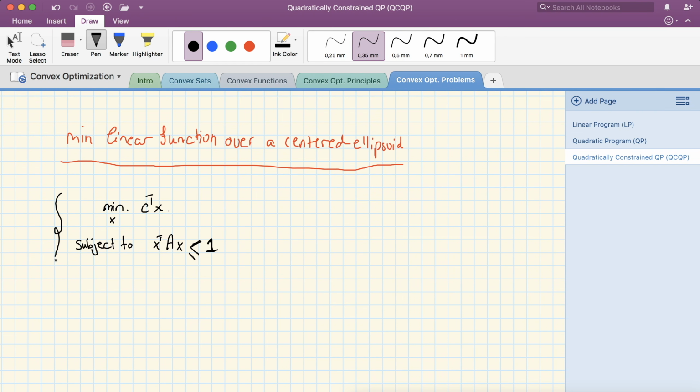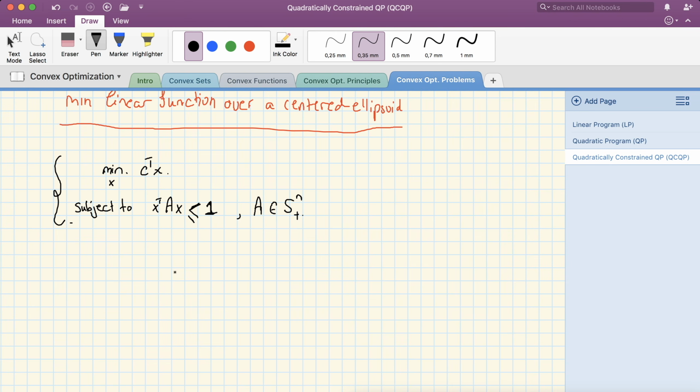So how can we solve such a problem? Say you're given this problem, you don't know Lagrangian multipliers, you don't know the duality theory of convex optimization. How do you solve such a problem? Note that the constraint here could be decomposed as follows. So the x transpose A x, you could write x transpose A half, A half x is less than 1, right?